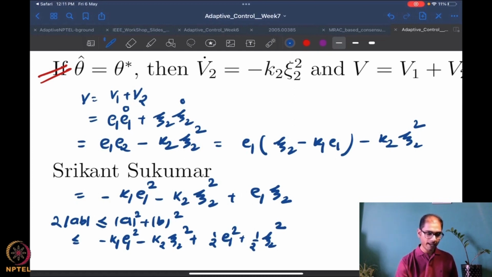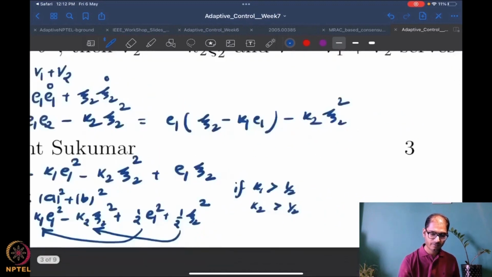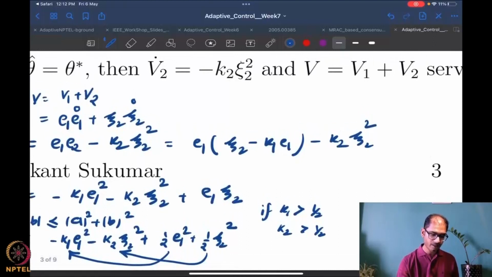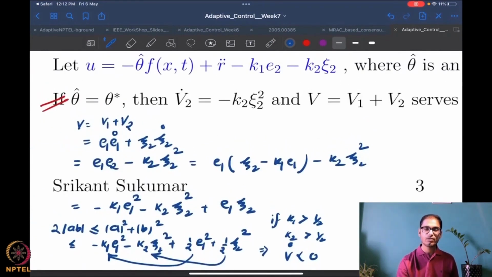And now this can be clubbed with this guy, and this can be clubbed with this guy. So if K1 is larger than half and K2 is larger than half, then this is negative definite. This implies V dot is strictly negative definite, right? So I got a strict Lyapunov function.